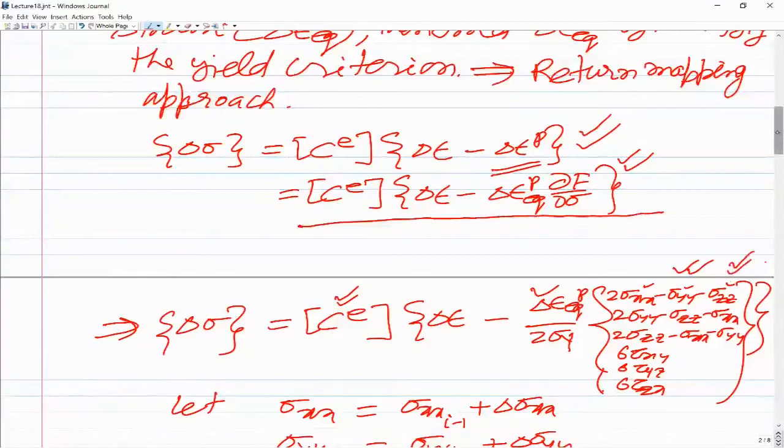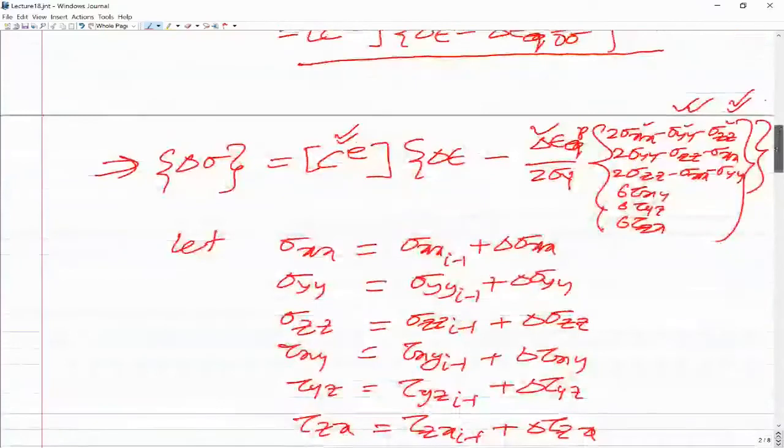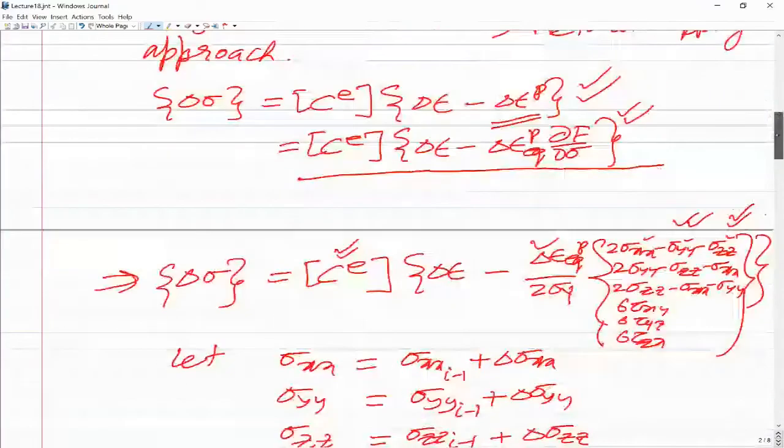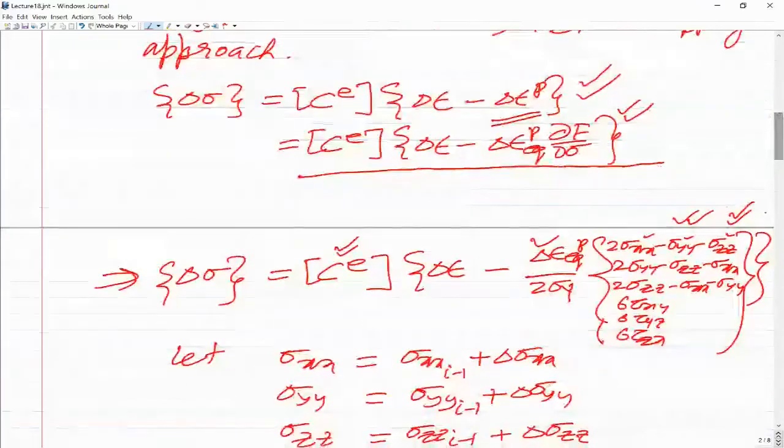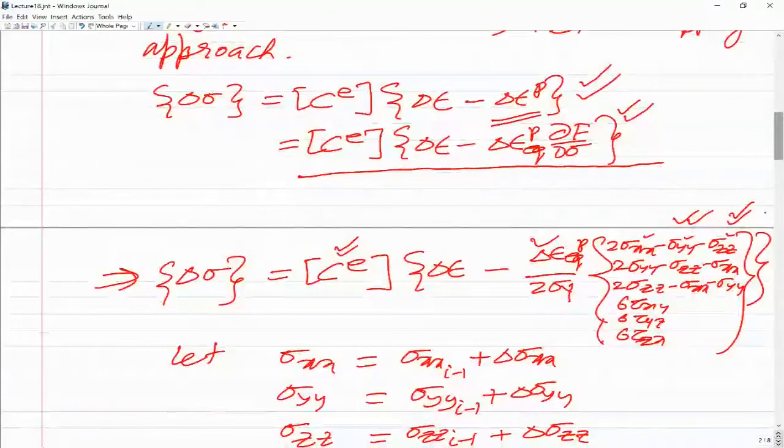But sir, in the above equation also, we are replacing lambda with delta epsilon equivalent. So how is that true? That is true whether it's isotropic hardening or kinematic hardening. I have given you the proof of that. Sir, we are putting the values of sigma xxD and sigma yyD in that also while proving lambda equals d epsilon equivalent p.